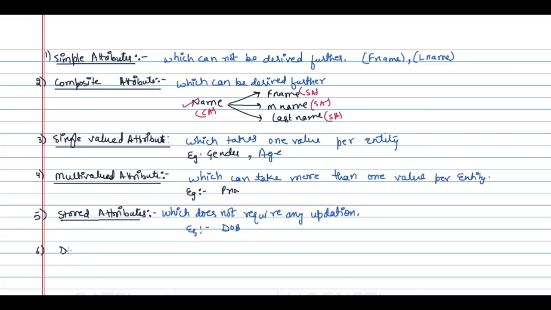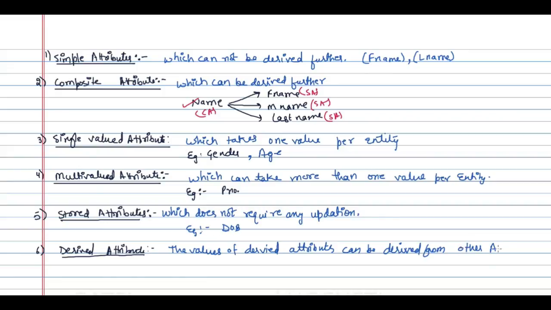Now we can have something called a derived attribute. Maybe in the previous statement I may have confused it, but let us do this. The value of a derived attribute can be derived from other attributes.